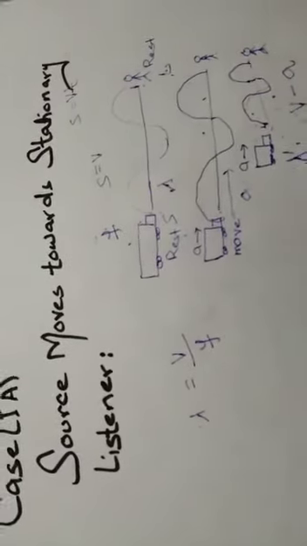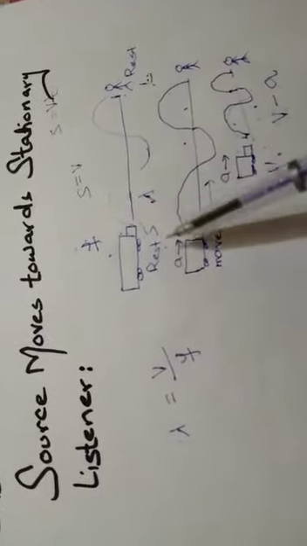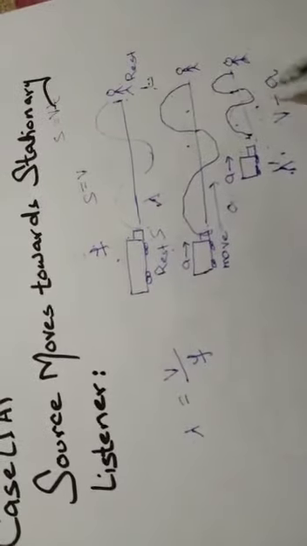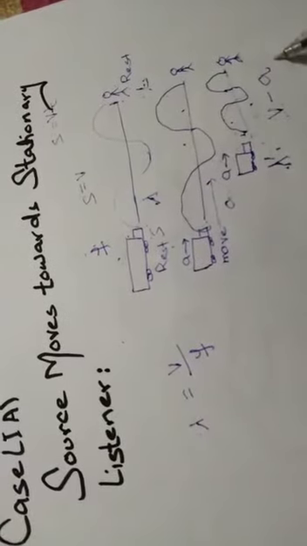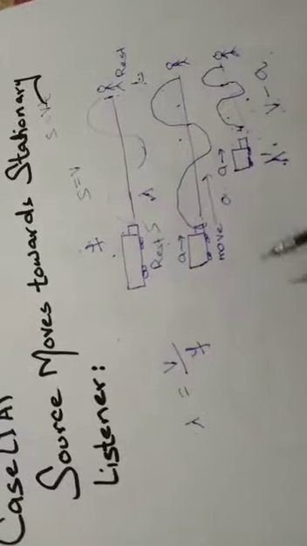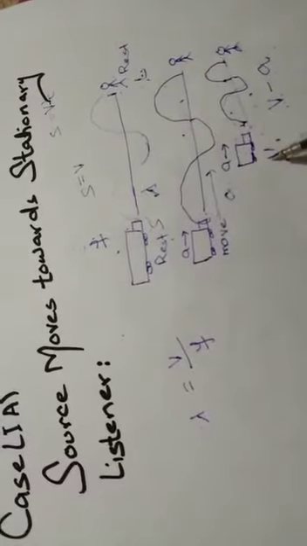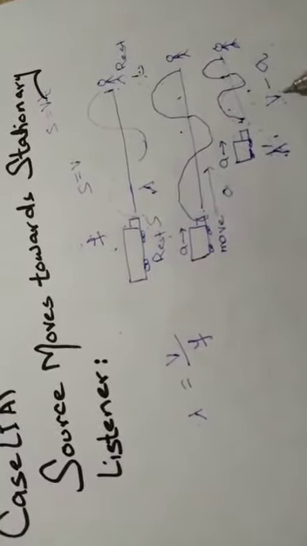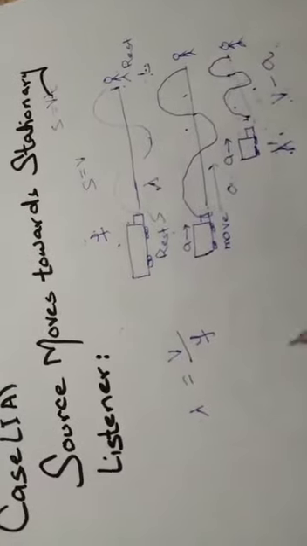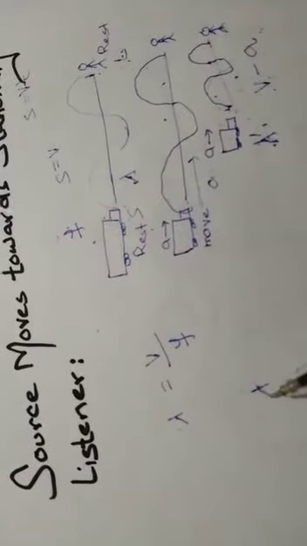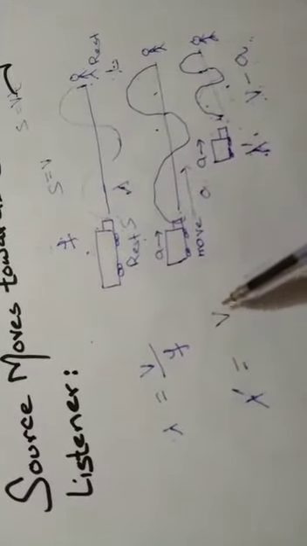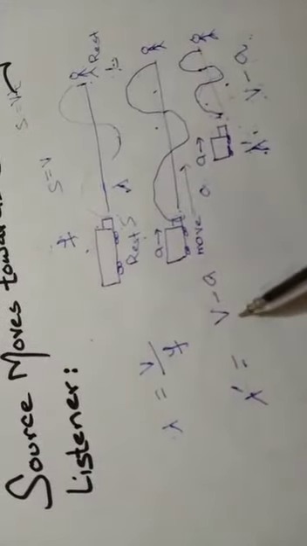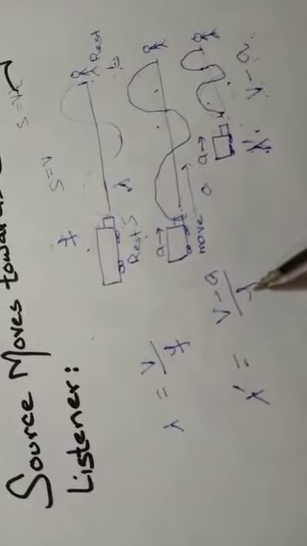So in this case, this v, the distance between the sounding source and listener when the source moves towards the stationary listener, is equal to v minus a. So instead of this v, if we write the expression of lambda prime, then we can write v minus a. So lambda prime becomes v minus a divided by f.